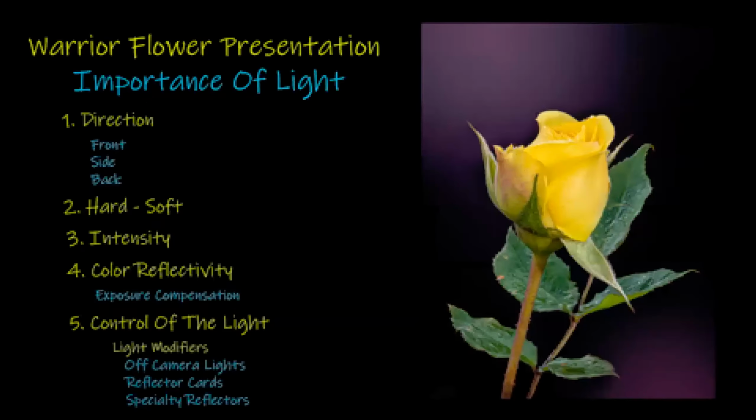Okay, the impact of light. There are three directions of light: front, side, and back. There's hard and soft, intensity, color, reflectivity, exposure compensation, control of light, light modifiers, off-camera lights, reflector cards, and specialty reflectors.